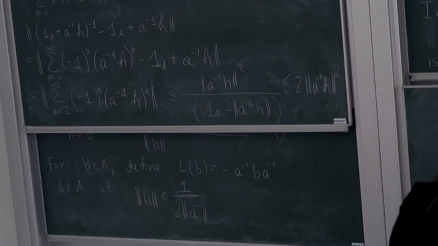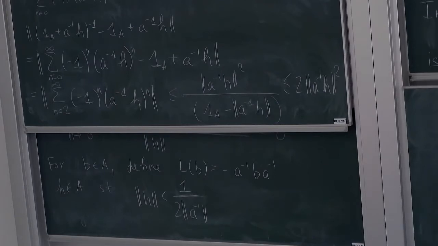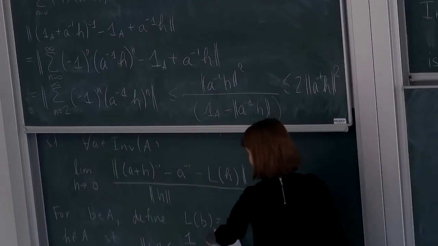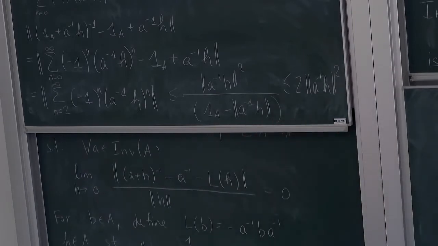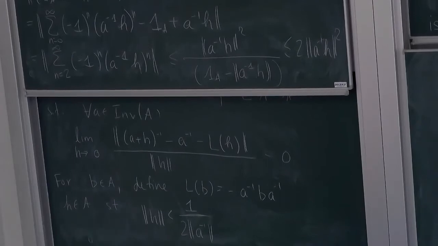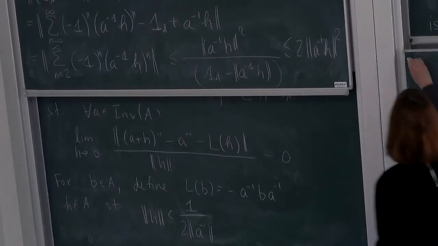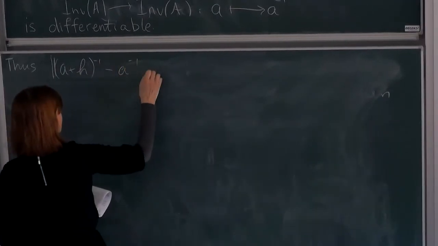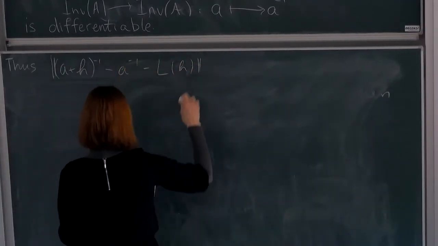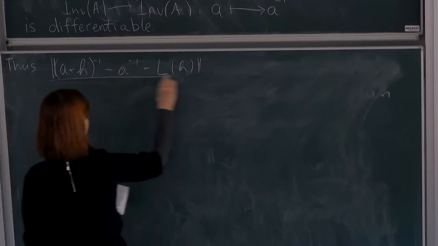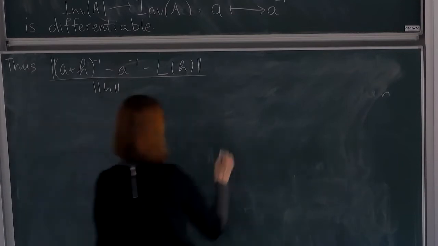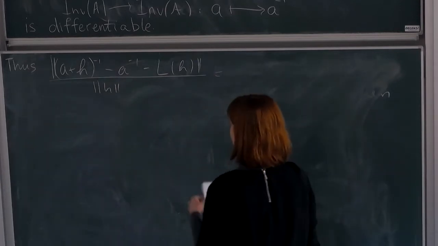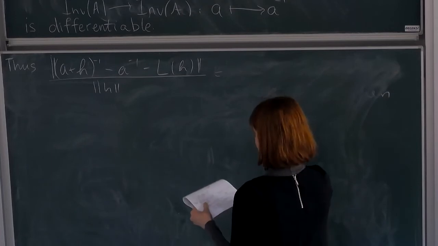And we can plug in our choice of linear map L. Now we're going to plug it in here with respect to H, and this last calculation will give us what we want. So this is all over H. Okay, so I want to take out an A inverse.